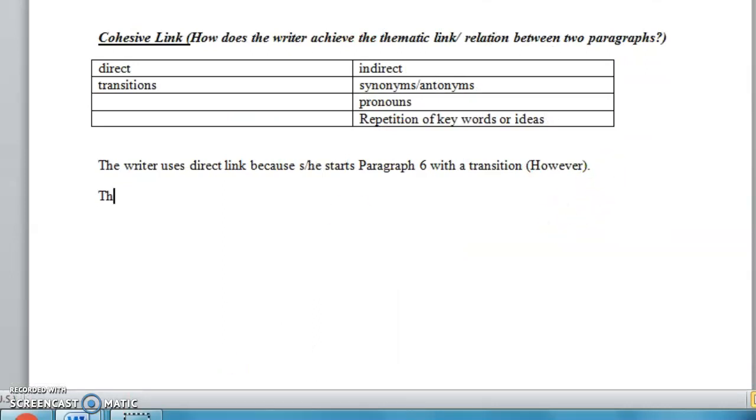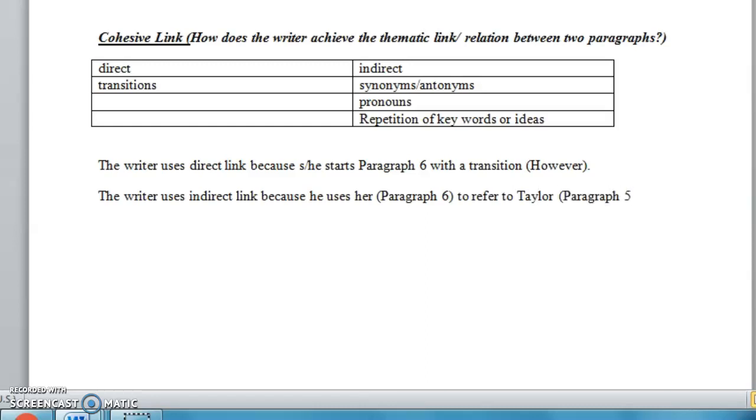the writer uses indirect link because he refers to Taylor, and we have to put that the word Taylor was found in paragraph 5 by using, or the writer uses her in paragraph 6 to refer to Taylor in paragraph 5.